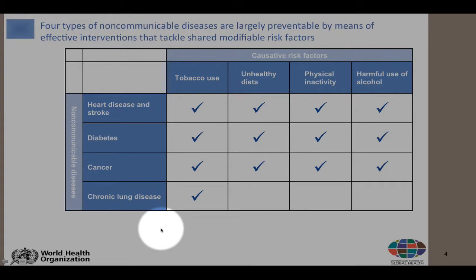So one could argue that other NCDs should be included, but in the policy process we're describing here, leading up to the UN meeting, it was decided to have only those four main NCDs participating.